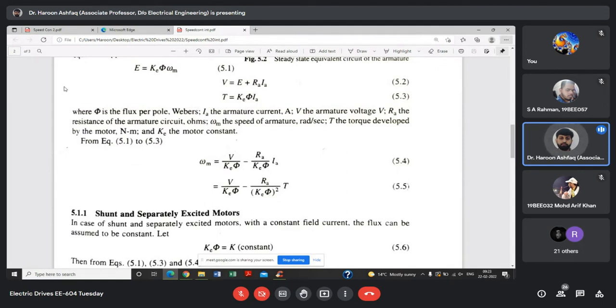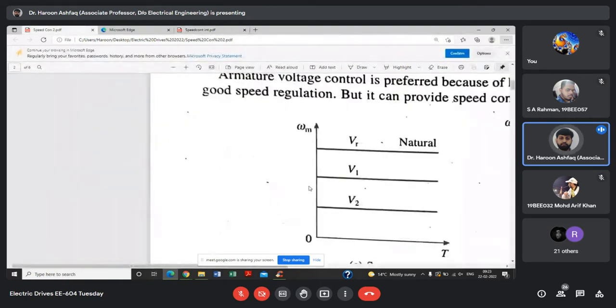So when you go for a reduced voltage operation, in that case you will be having lines parallel to the rated torque speed lines at different intercepts. ठीक है. So this is about armature voltage control.